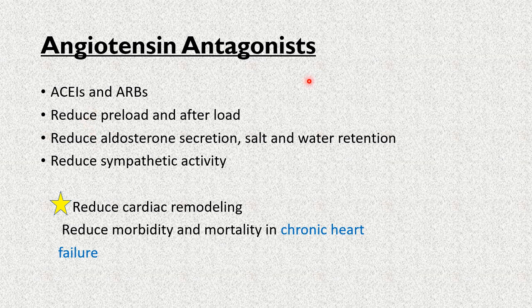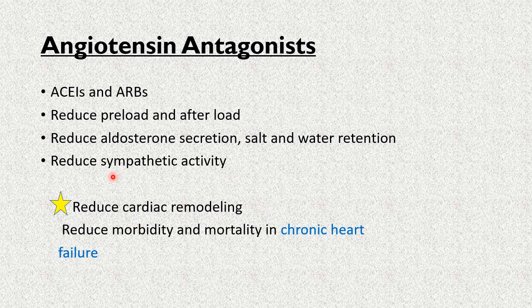Next are the angiotensin antagonists. These are ACE inhibitors and ARBs. You have studied them in detail earlier. They reduce preload and afterload. If preload and afterload decrease, the cardiac output would increase. It reduces aldosterone secretion, salt and water retention. It also reduces the sympathetic activity.